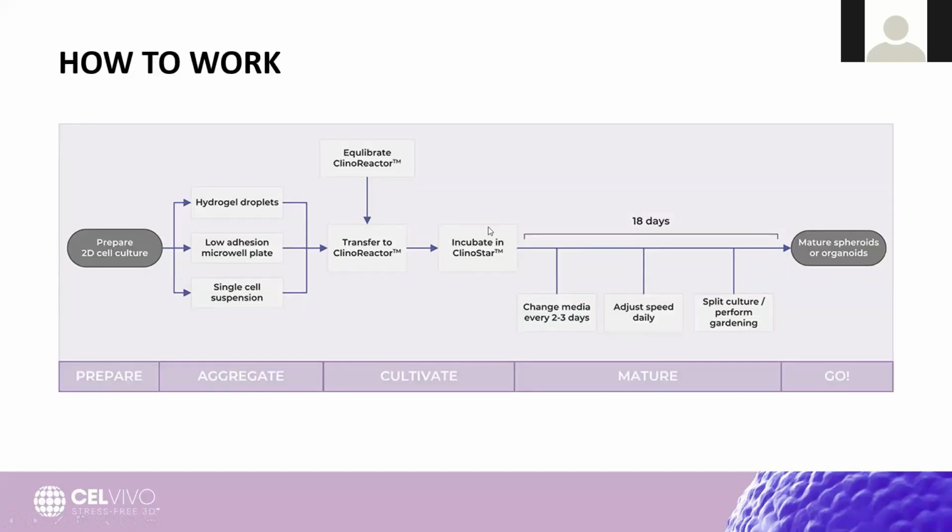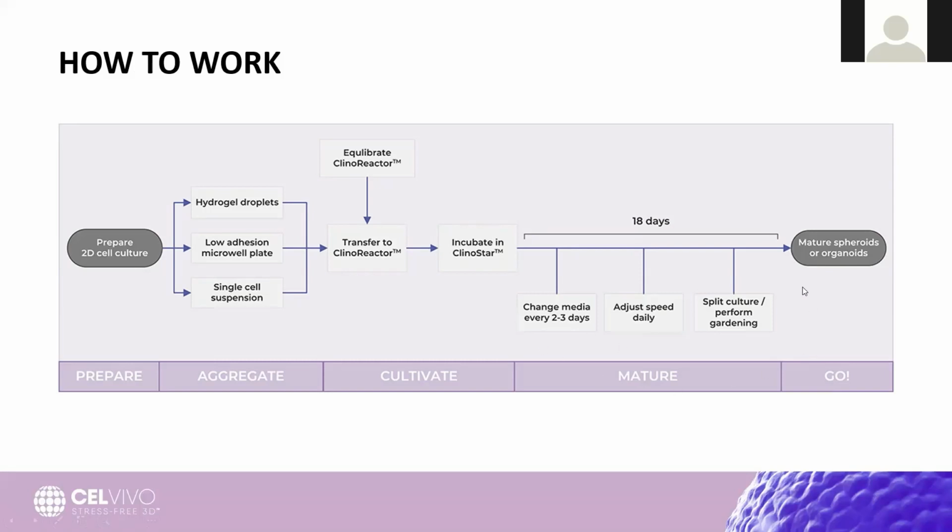And with our experience for cell lines, it usually takes 18 days for them to mature and regain their functionality. It can be a shorter time period with primary cells that already have this functionality and just need time to reestablish after trypsinization or removal.